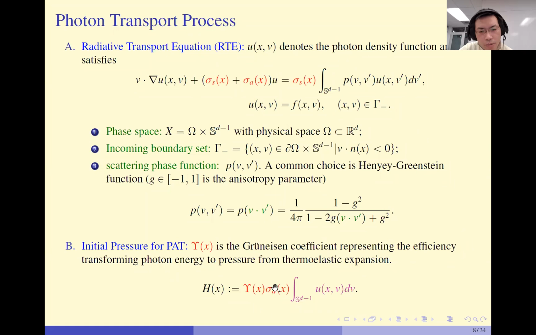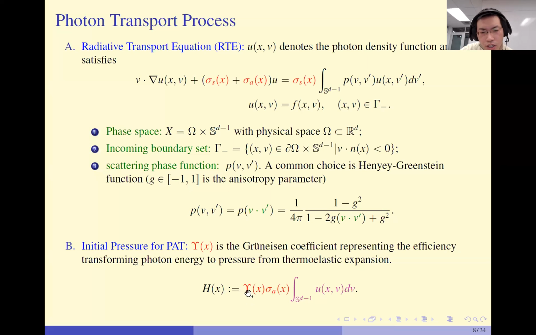Sigma A is the absorption, and the integral is of the photon density. The purple part here stands for the total photons gathered at location X in all directions. And sigma A stands for the absorption. So sigma A times this integral quantity is the total energy absorbed at the location X.